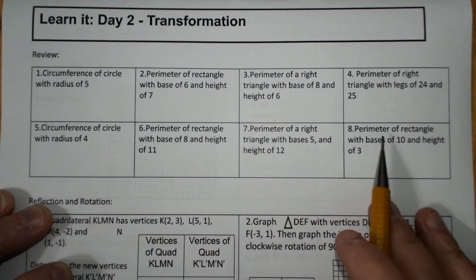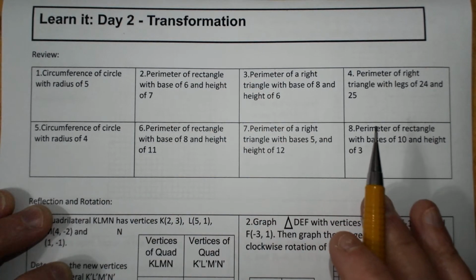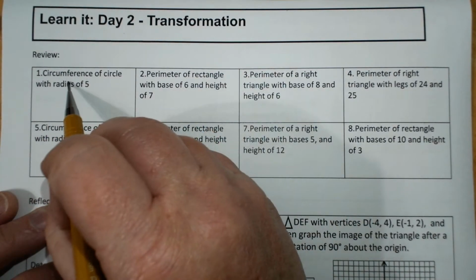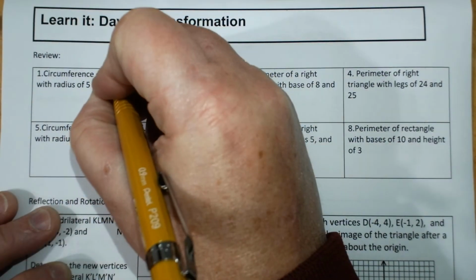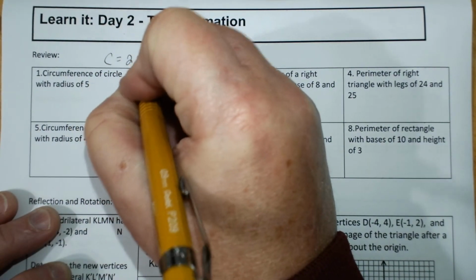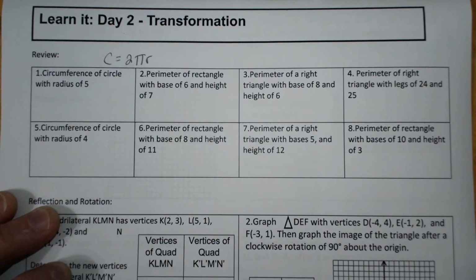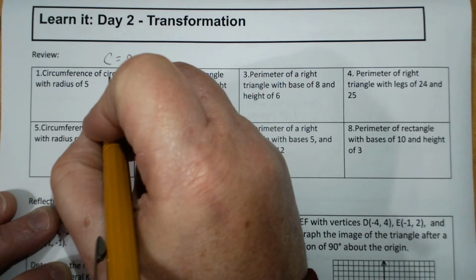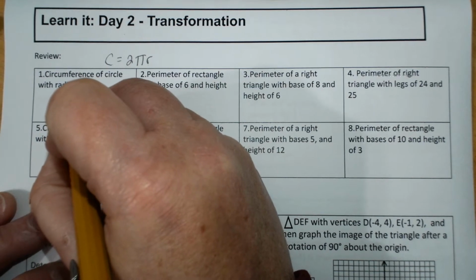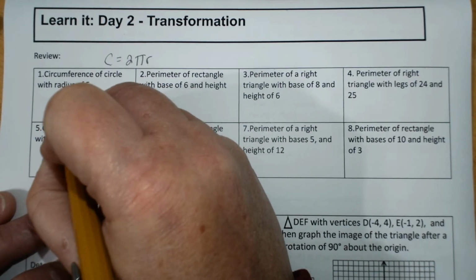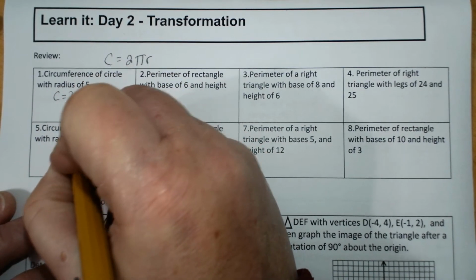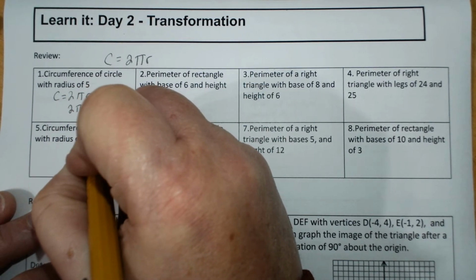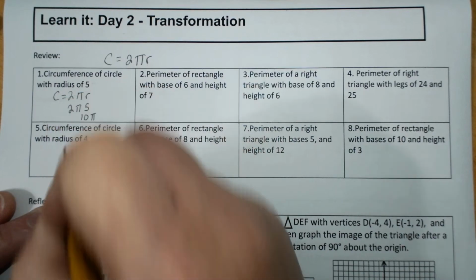Okay, the first 8 are not transformations, they're review. Circumference of a circle: first we need to know that circumference is 2 pi r, and r stands for the radius. This says circumference of a circle with radius 5, so C equals 2 pi r, 2 times pi times 5, 10 pi.